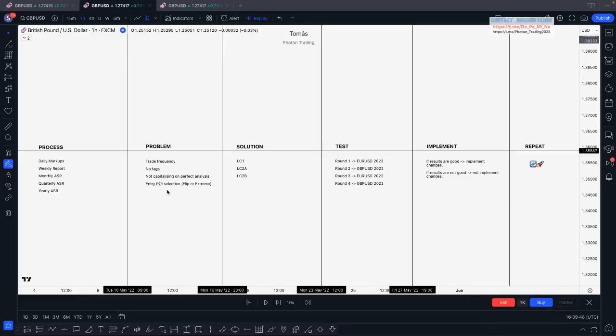Or people are a little bit confused. Should I enter on the flip? Should I enter on the extreme? So these are the problems we were faced with. And then we, of course, found some solutions. This is LC1, 2A and 2B.